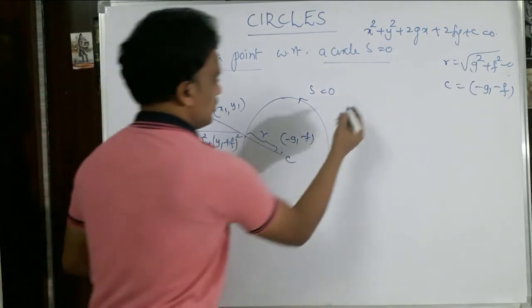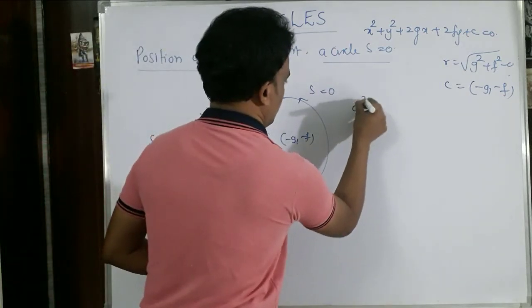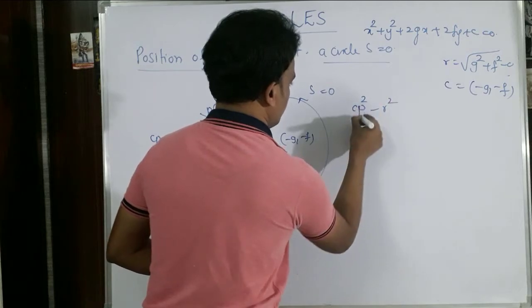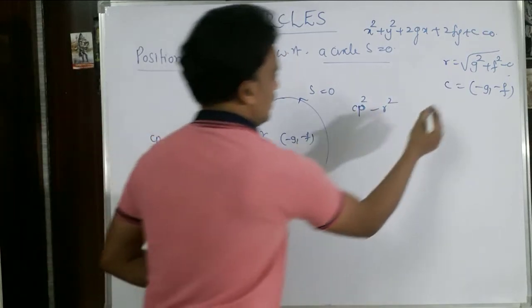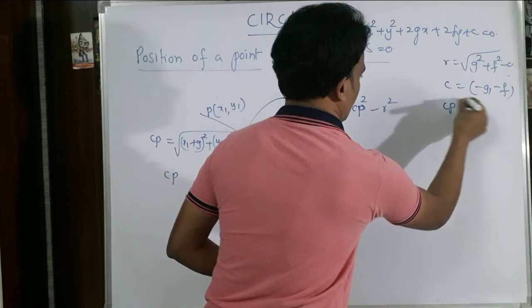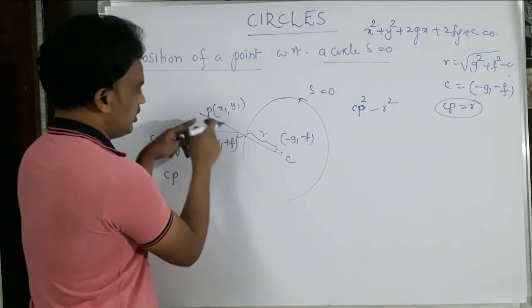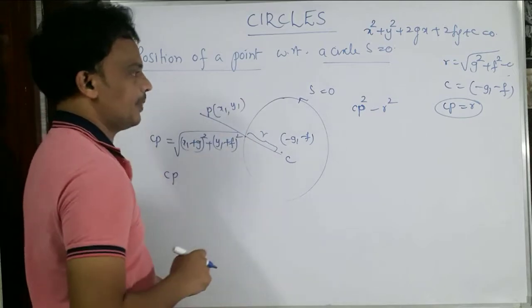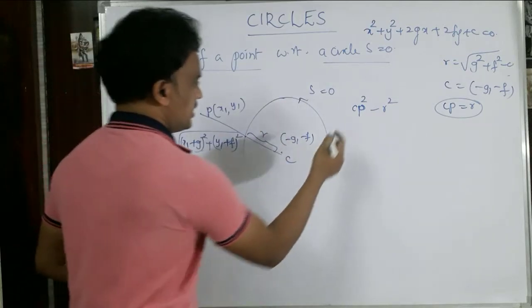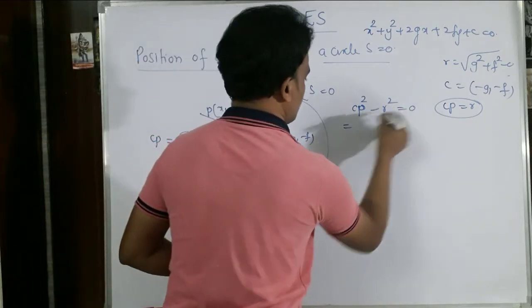Please find the CP square minus r square value. Suppose CP is equal to r, then the point P lies on the circle. So CP square minus r square is equal to 0.